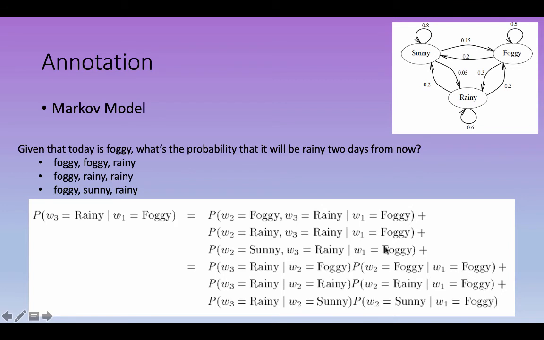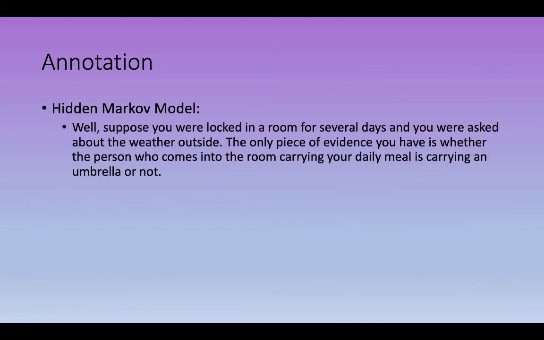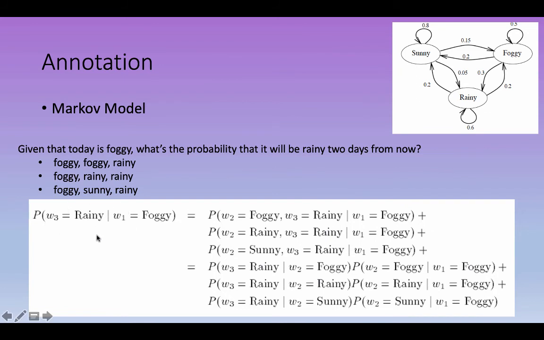Once I create this entity, I can break each of these into 2 different probabilities and parse them out. I can break it up into the probability that it's going to be rainy in 2 days from now, given that tomorrow is foggy, times the probability that it's going to be foggy tomorrow, given that today is foggy. I can add them all up, and this is how I can figure out this probability. Again, this is just an application of the Markovian model.